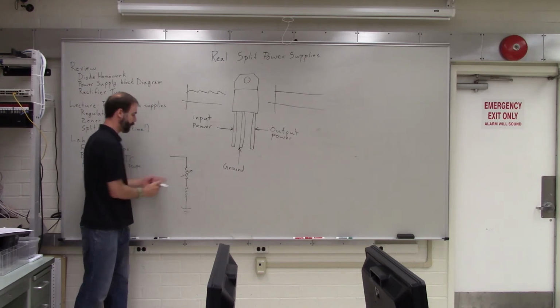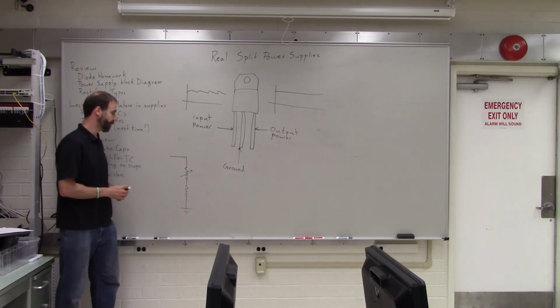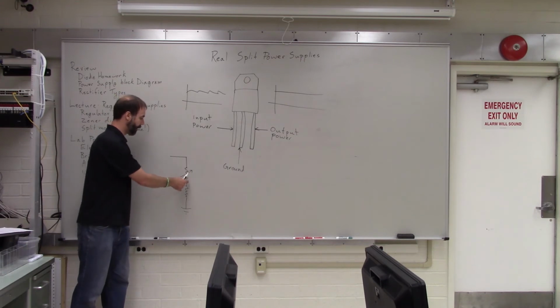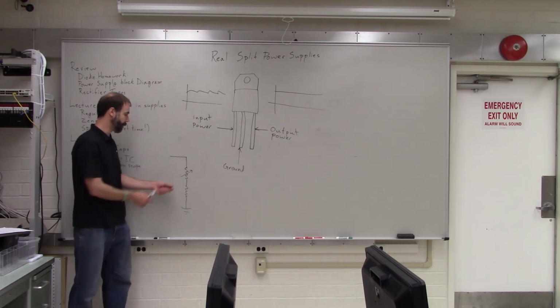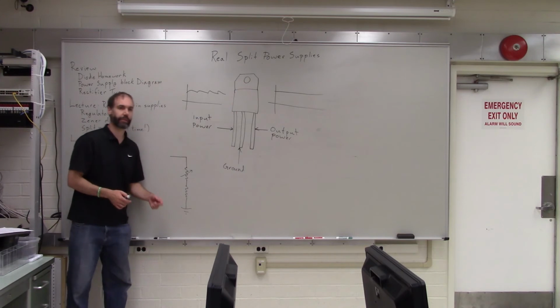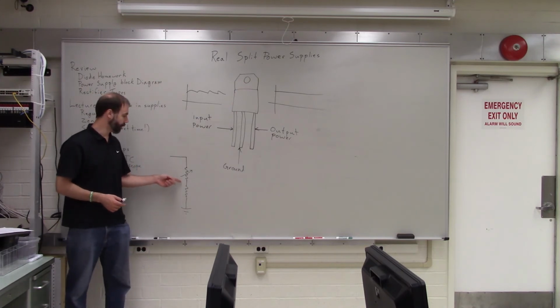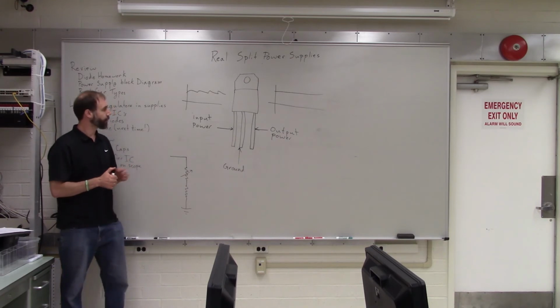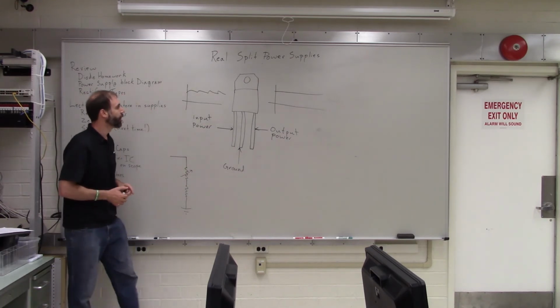So this resistor can change up here, and this one is fixed. And basically, if the output voltage is too high or too low, it changes this resistance until the output voltage is just right. Okay? So that's what's going on inside there.